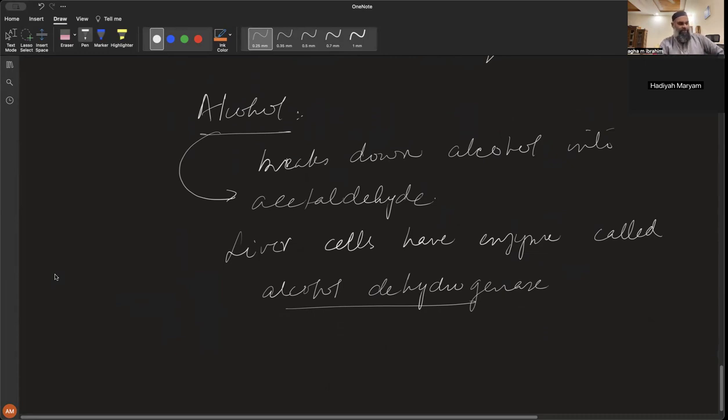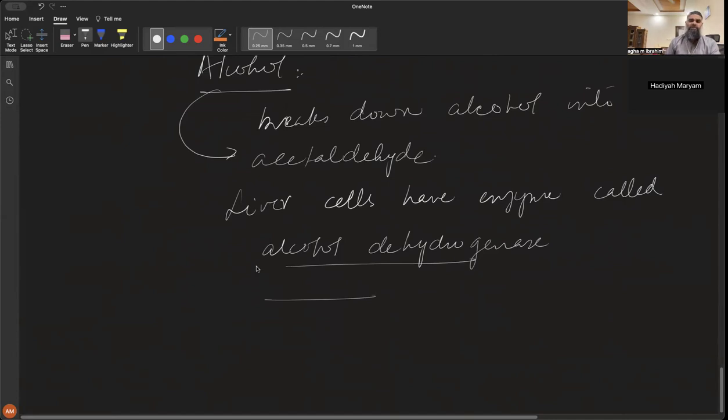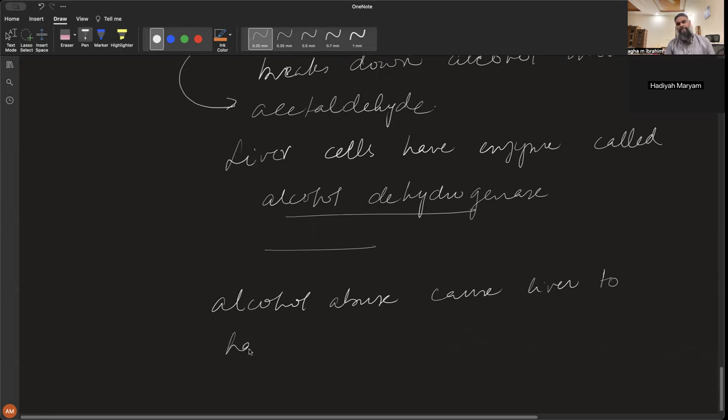Looking at the functions of the liver, we understand that if the liver is affected, if alcohol abuse causes disease, long-term consumption of a lot of alcohol causes the liver to have cirrhosis.